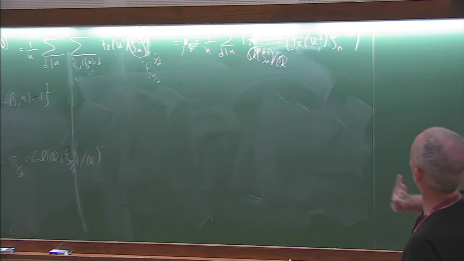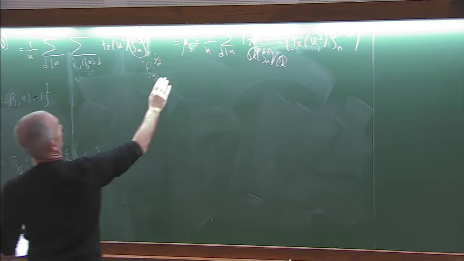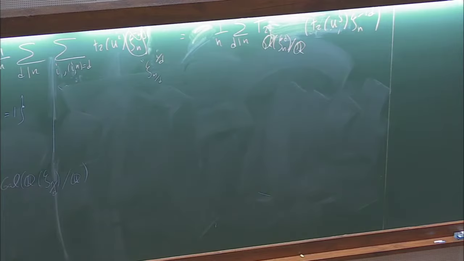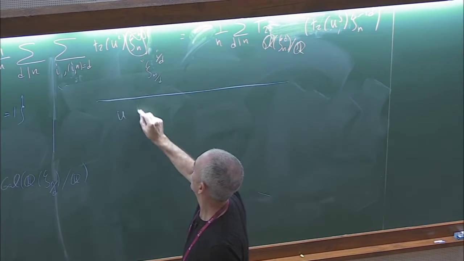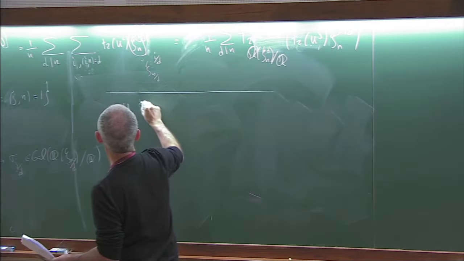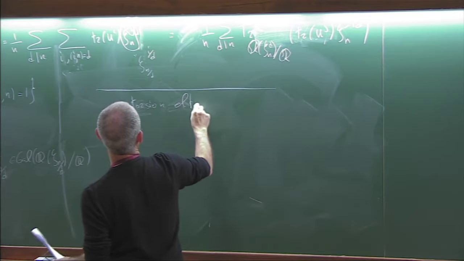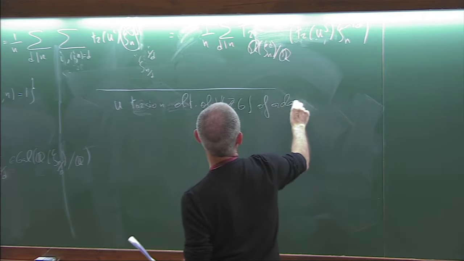Now, so we have this concrete formula to calculate the multiplicities. Now I start with my torsion unit, torsion element of order n.